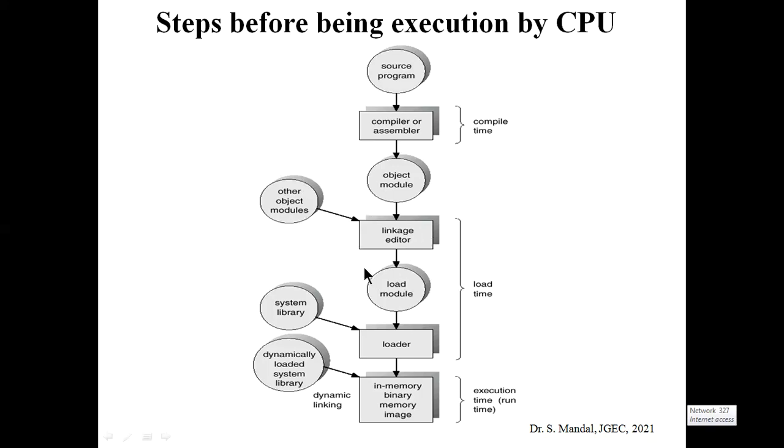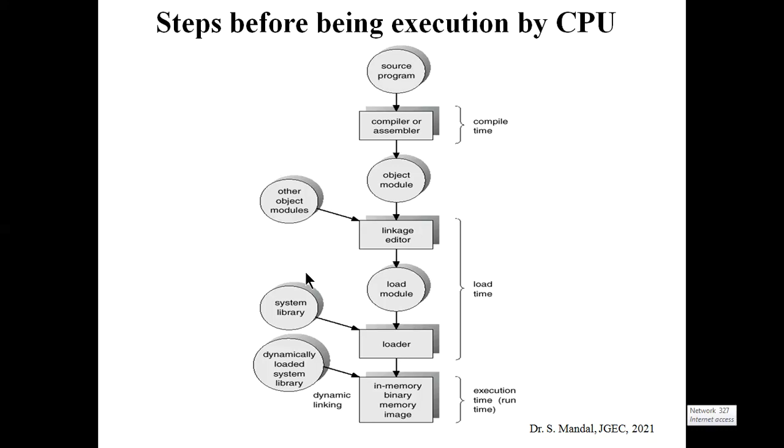After loading these modules by using the loader, we get the binary image of the original source program. Before that, the loader also loads the system libraries that are currently being used by the source program. Like in any C program, lots of libraries are already used, like stdio.h, conio.h, etc. Those are the system libraries.